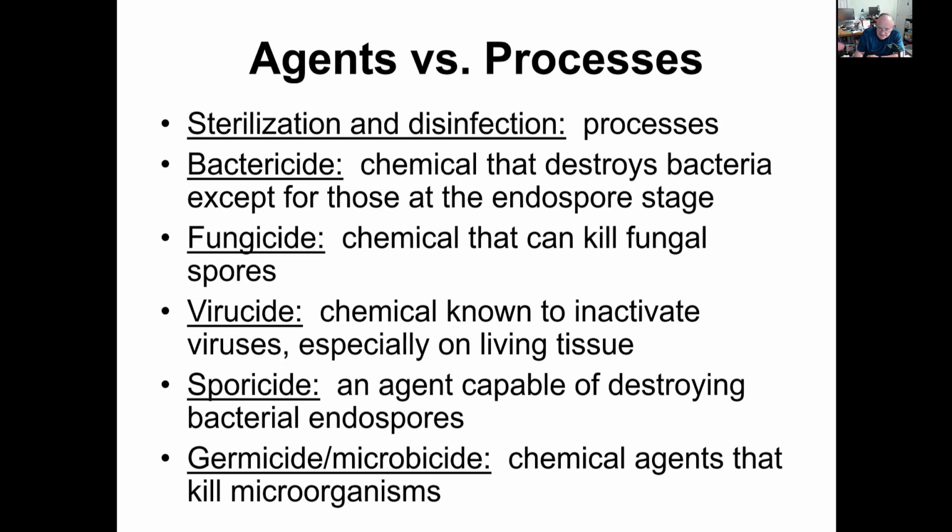A fungicide is an agent, a chemical that kills fungal spores. A viricide is an agent chemically known to inactivate viruses. Clorox is a viricide. A sporicide is an agent capable of destroying bacterial endospores. Germicides and microbiocides are chemical agents that kill microorganisms.